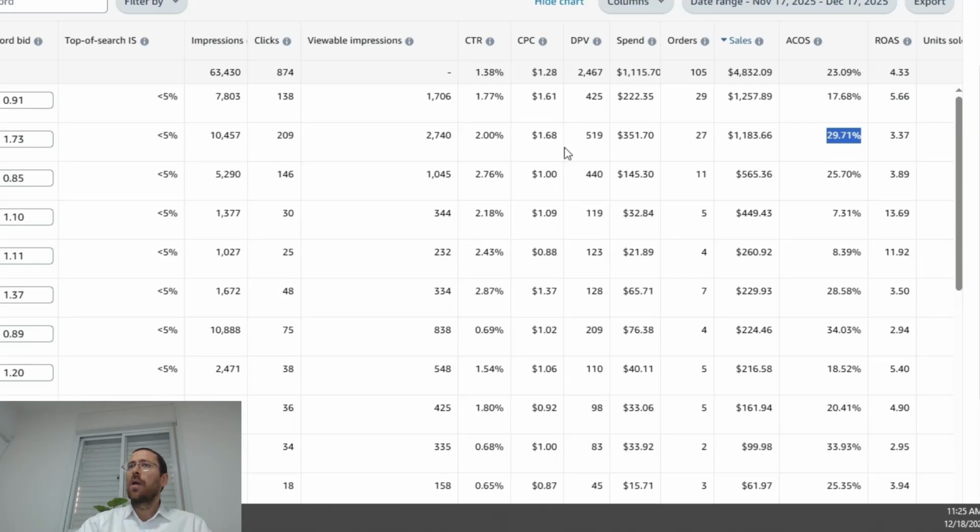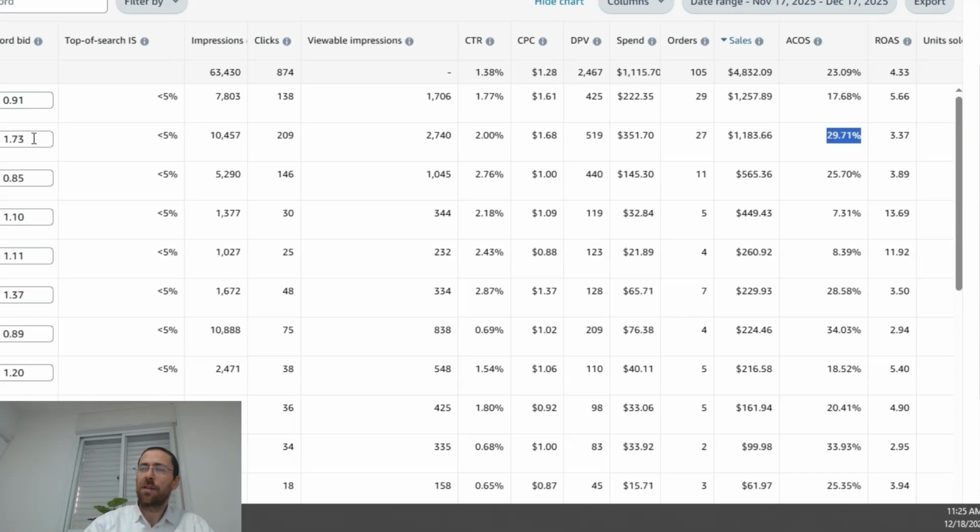So if I take $1.73, and again, just to keep the math easy, I round this, let's say it's $1.80. A third of that would be 60 cents, right? 60 cents times 3 would be $1.80. So I need to take out about 60 cents from this bid, and that in theory would get me to about 20%. I would probably want to do a little bit more than 60 cents in order to get to my target.